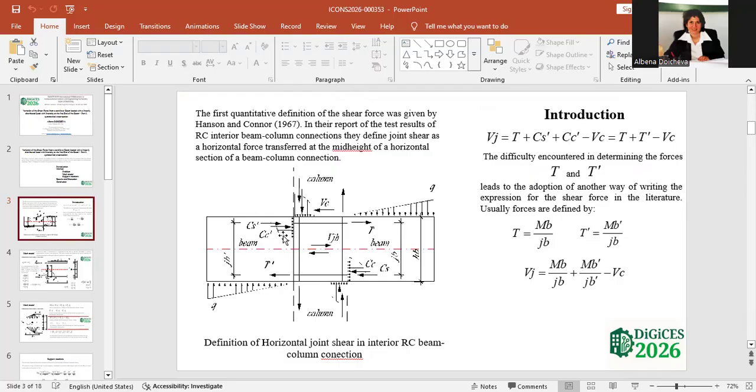And there is one more compressive force of concrete. But it was not so easy to find these forces.